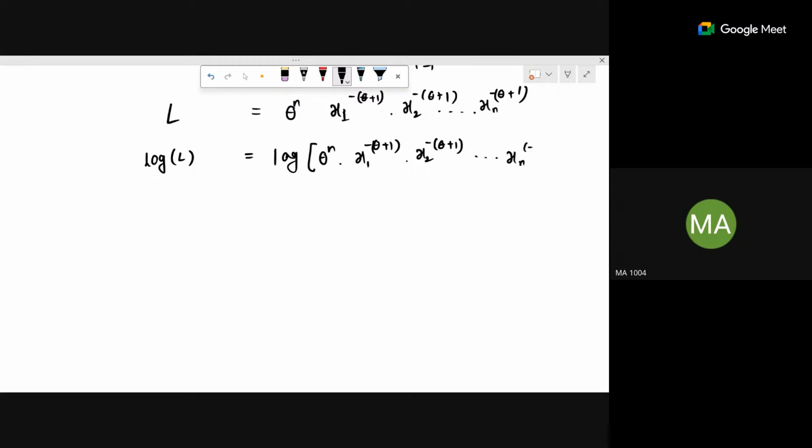The easiest thing we can do with the logarithm is that multiplication gets converted into addition. So it will be log of theta raised to the power n plus log of x1 raised to the power minus theta plus 1, and so on.